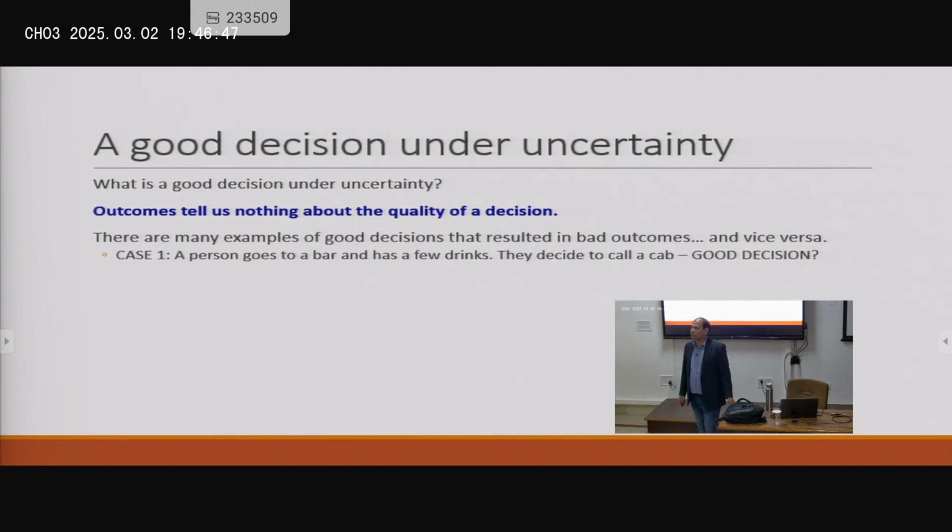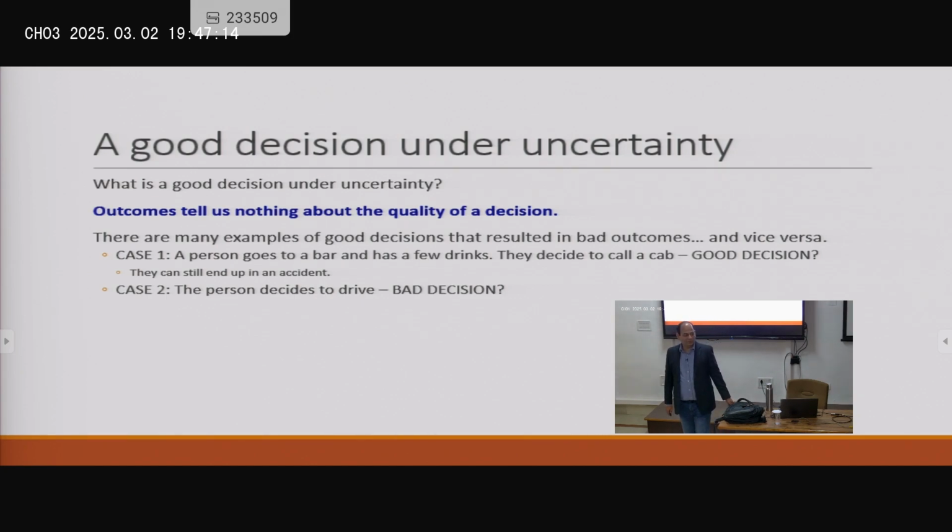So case one, person goes to a bar and has a few drinks. They decide to call a cab. Would you call it a good decision? They don't want to drive. Huh? So a cab can still get into an accident, right? And then they can still end up in an accident. Case two, person decides to drive. Is that a bad decision?